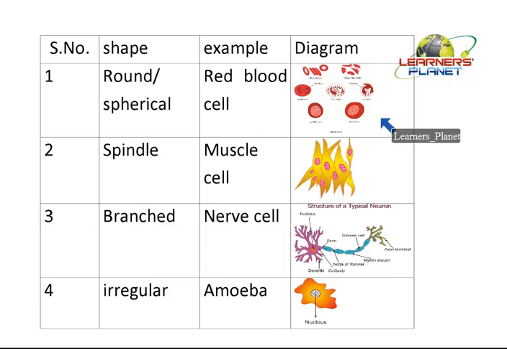So no two organisms or cells are similar to each other. A group of cells that is definitely going to be similar, with similar structural and functional property, is known as a tissue. So this can give us a hint of how they vary from each other.